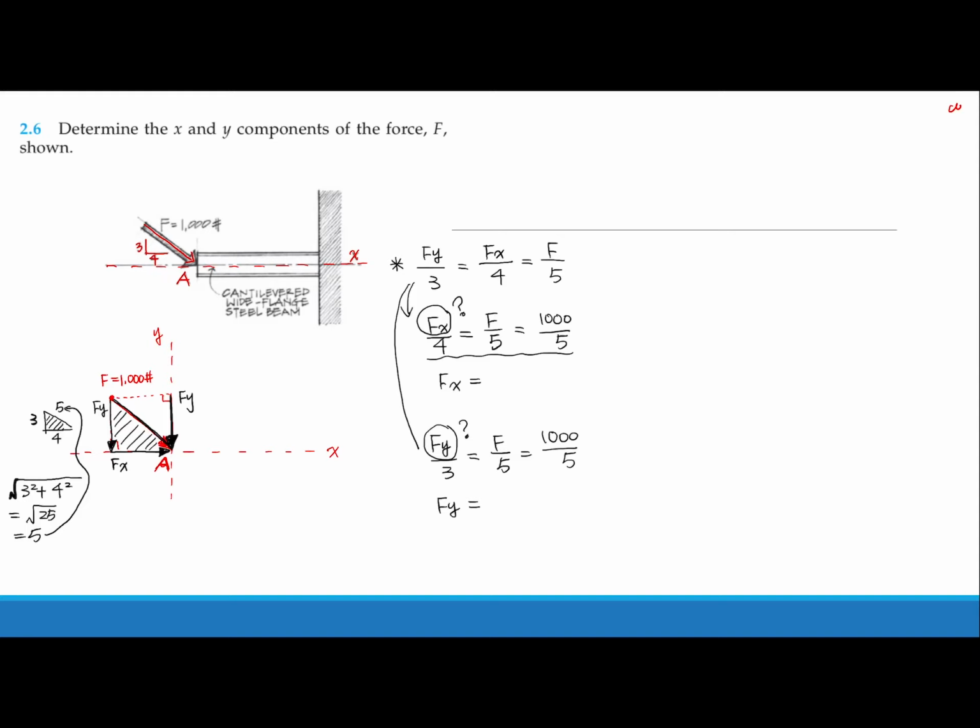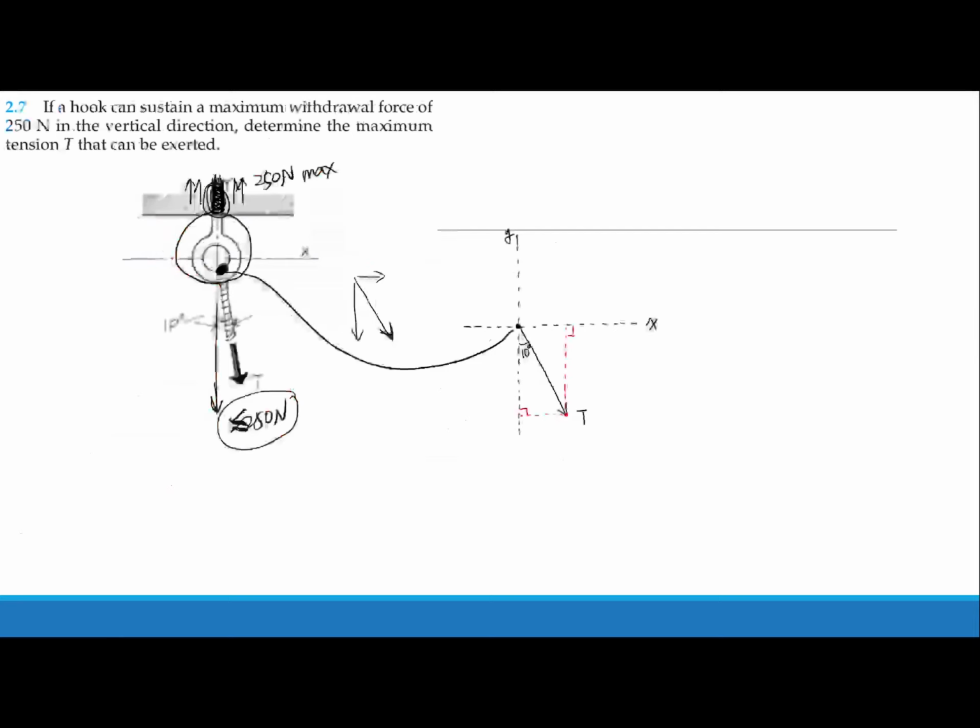Sometimes you draw it from the tip of the arrowhead, sometimes from the other end, like the tail of the force. As long as you can draw this rectangle, it doesn't matter. It depends on where the origin of this Cartesian system is. Here we draw it from the tip of the arrowhead, draw the two perpendicular lines, and that's how we find the Tx and the Ty.